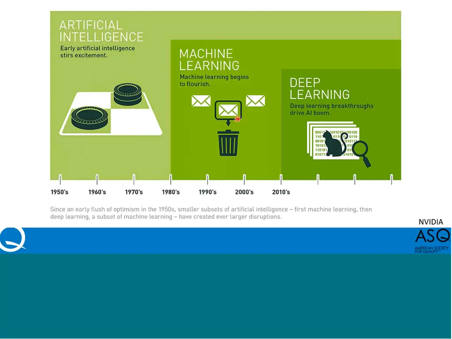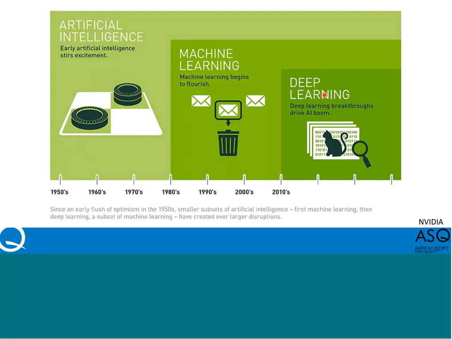But there's still a lot of great progress being made in terms of mailing letters and reading zip codes on your mail. In 2010, when more data became available, larger data sets and bigger computers, a subset of machine learning called deep learning really started to become popular with unstructured data sets.